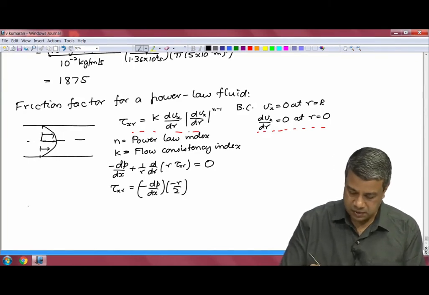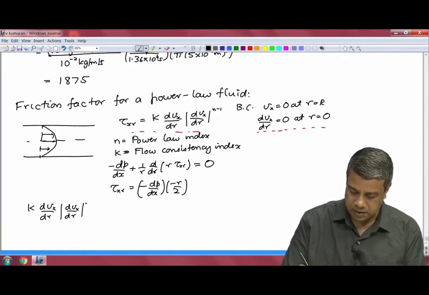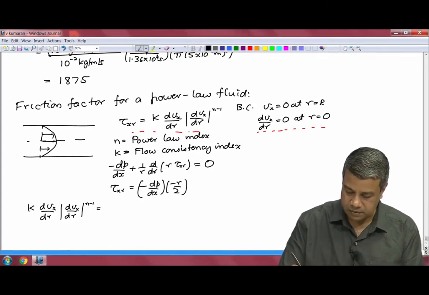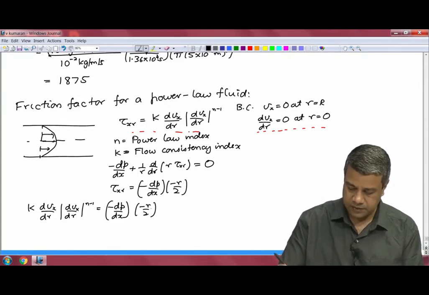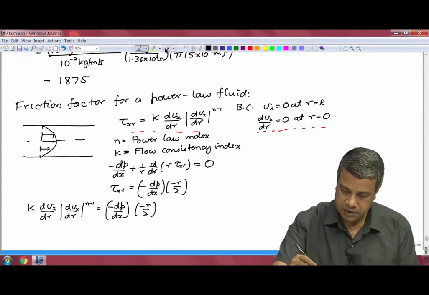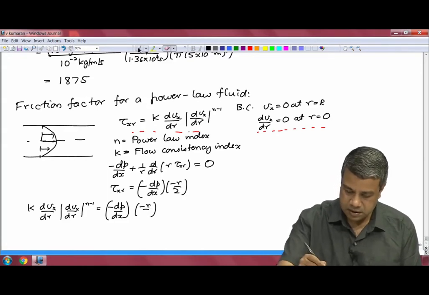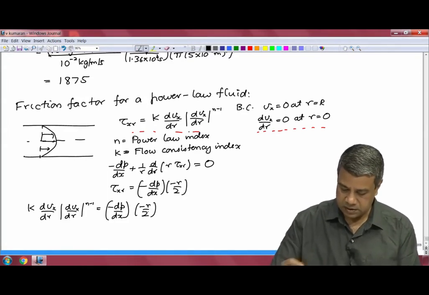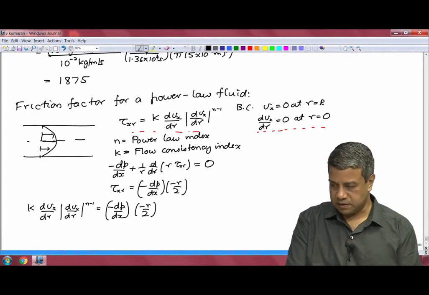I know that k into dVx by dr into dVx by dr to the power n minus 1 is equal to minus dP by dx into minus r by 2. That is the equation for the stress, the constitutive relation.